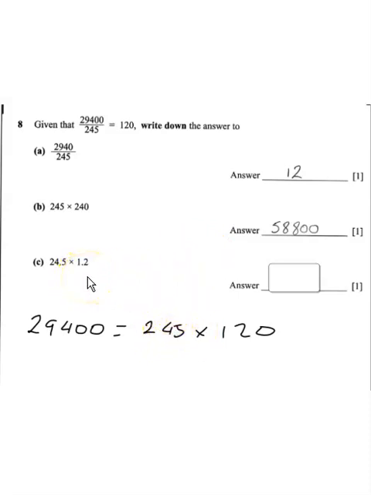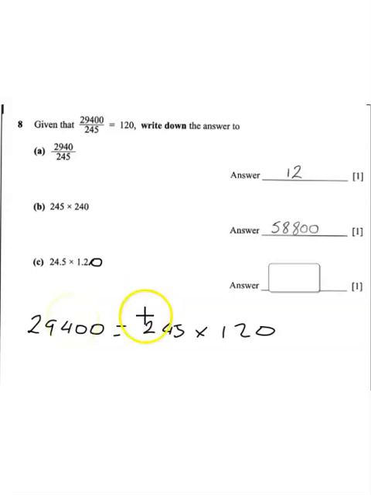For the last part of this one, it says 24.5 times 1.2. Now this is just multiplying with decimals. If we look up, it was 120 to start with. So if I put a 0 at the end of that one, so that we have all the numbers, you can see there's one number after the decimal point, and there's two numbers, the 2 and 0, after it. So in total, we've got three numbers after the decimal point.